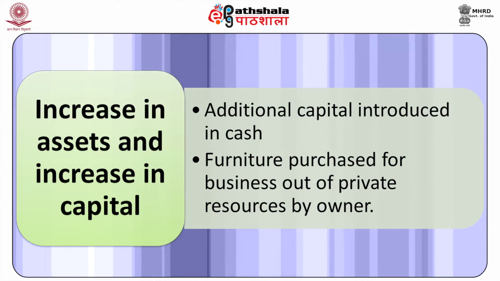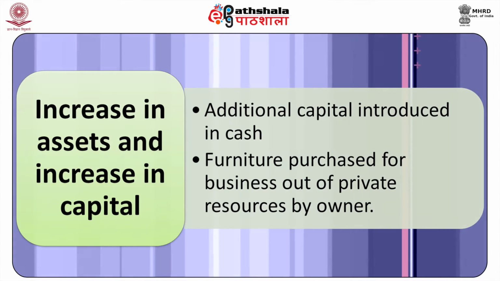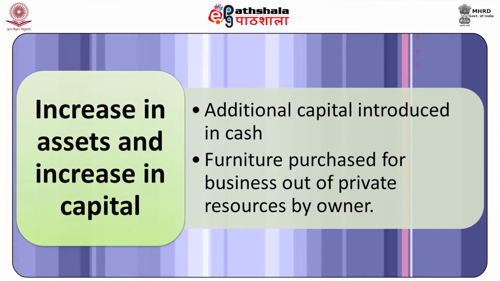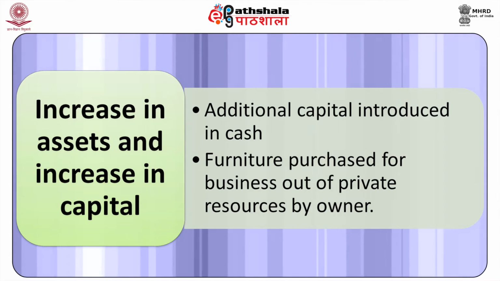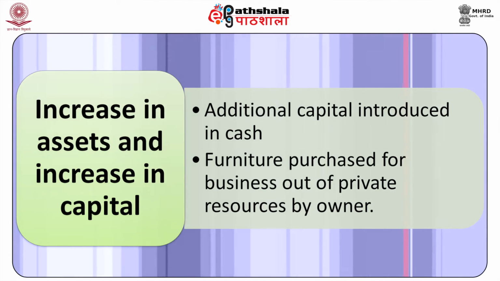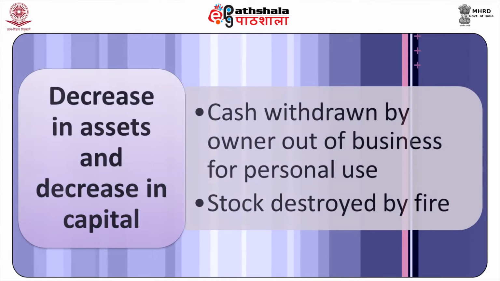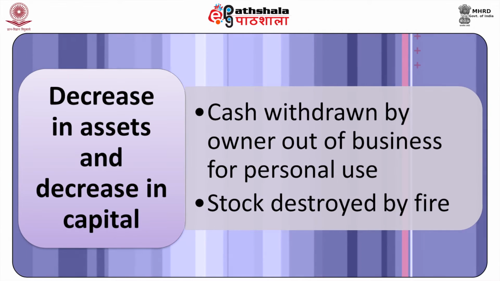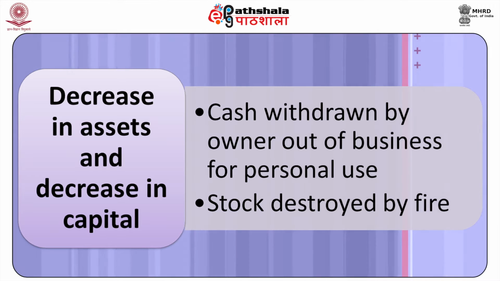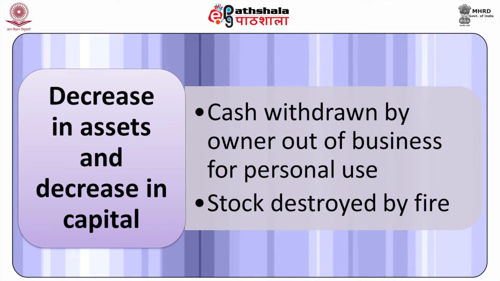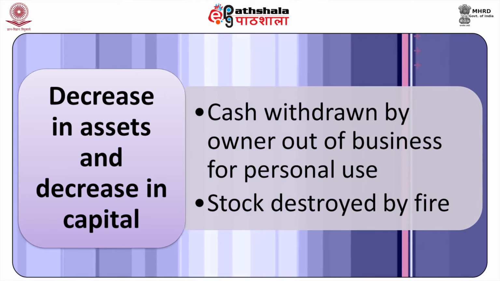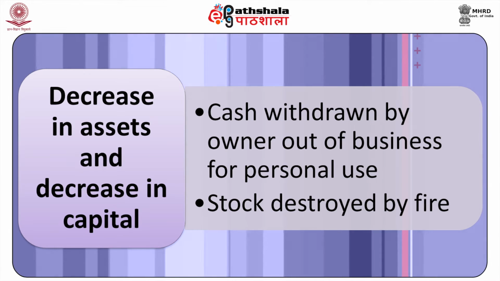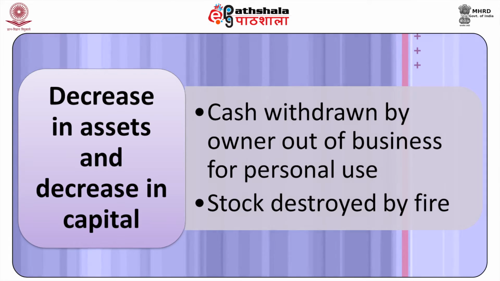For example, additional capital introduced in cash or furniture purchased for business out of private resources by the owner. Now let's come to decrease in assets and decrease in capital. For example, cash withdrawn by owner out of business for personal use or stock destroyed by fire.